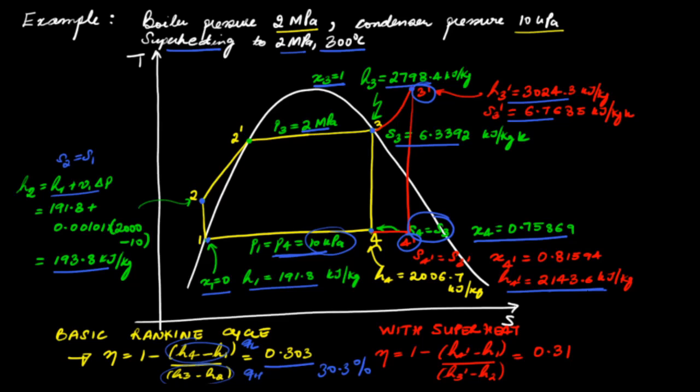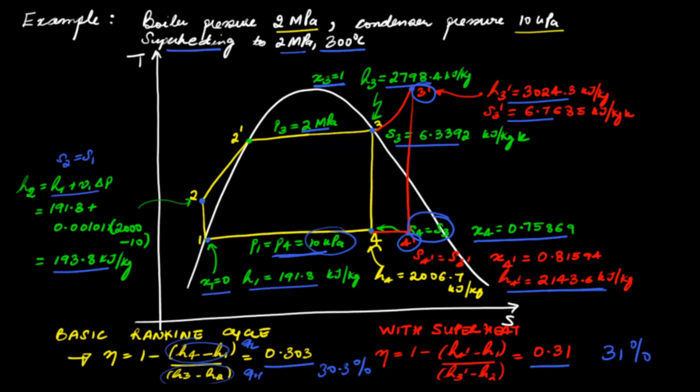Once we know the enthalpy at all these states, we can calculate the efficiency, and it comes out to be 31% for this Rankine cycle with superheat. So what we see is that the Rankine cycle with superheat has higher efficiency than the basic Rankine cycle.